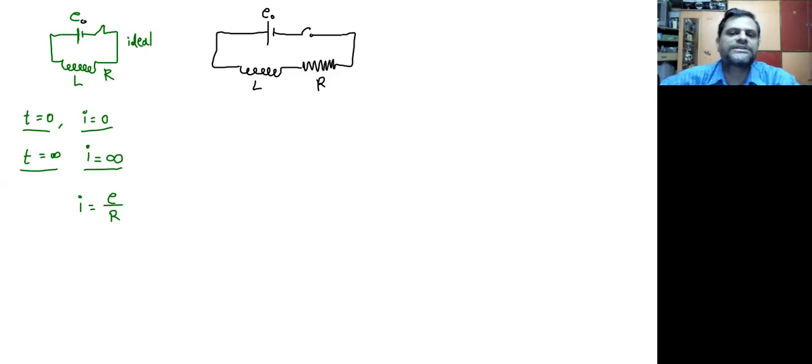So again the same thing we can just observe here, that when the time t equal to zero, current is zero at that instant. So current will also be zero, no doubt.